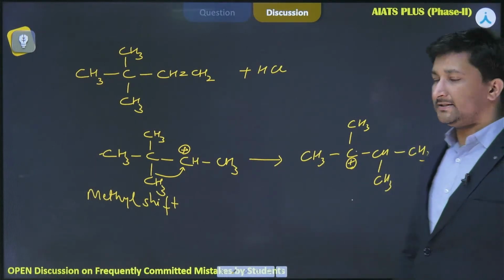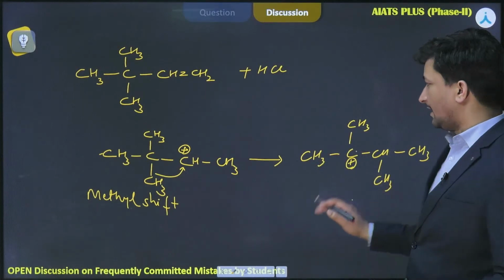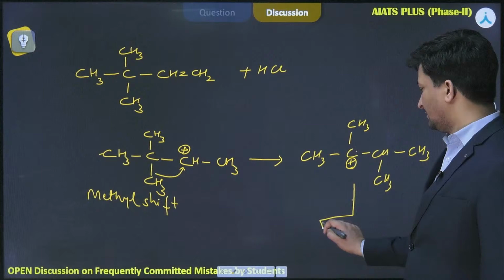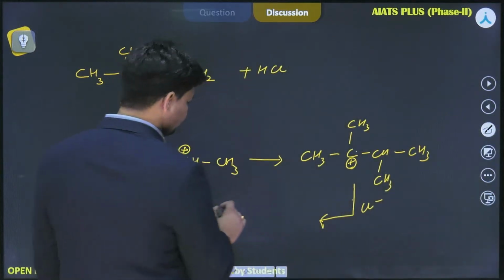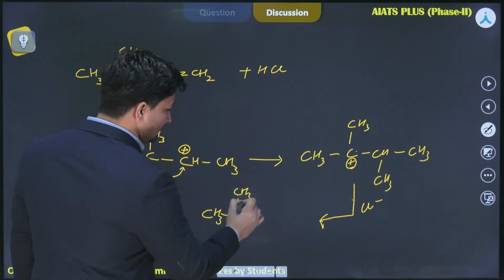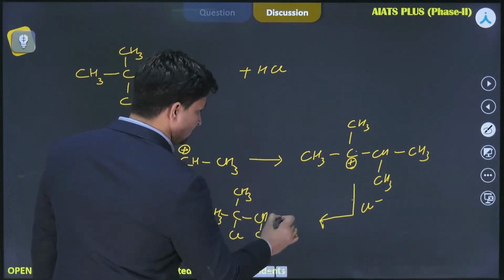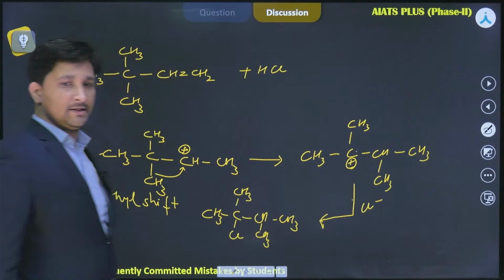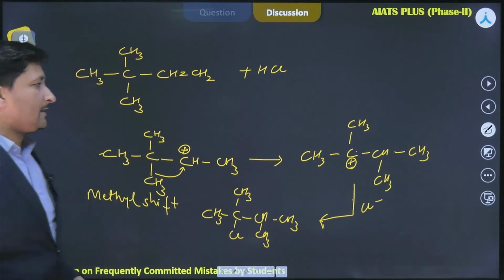So methyl shift is taking place, and yes, Rahul, we call it methyl shift. And now again this Cl minus will react, and the product obtained will be CH3C, CH3, Cl, CH, CH3, CH3. So this will be the product that we are going to get. So you can note down, these are exceptional cases.